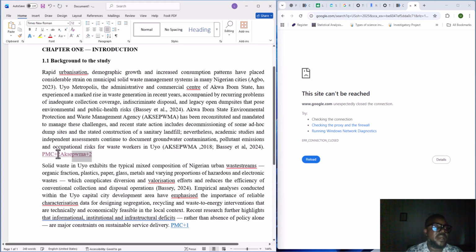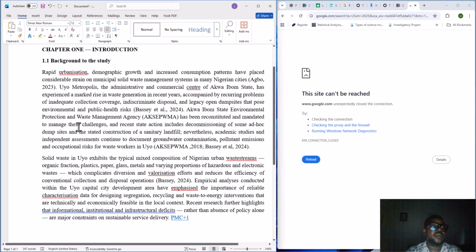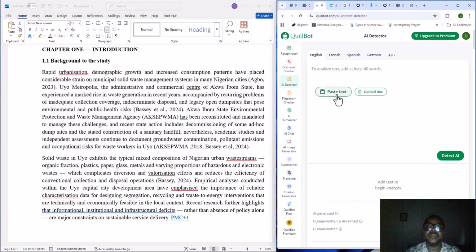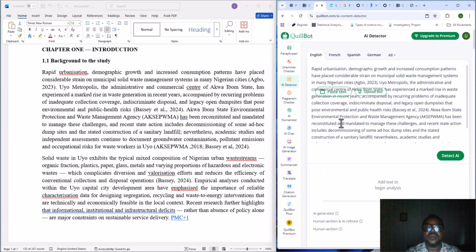So having had that, you have been able to consolidate this. Once again, let's verify if this is clean and it is not AI plagiarized, as a final move.